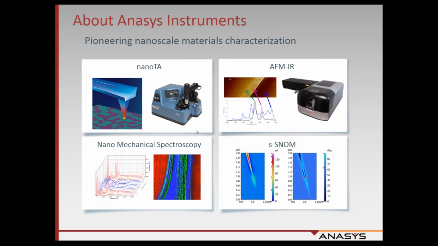So ANSYS Instruments, our company started initially doing a technique called nano-TA, which I'll describe in a little bit more detail. It's essentially a nanoscale thermal analysis measurement. We then extended our technology into mechanical spectroscopy, chemical information, and optical property measurements.